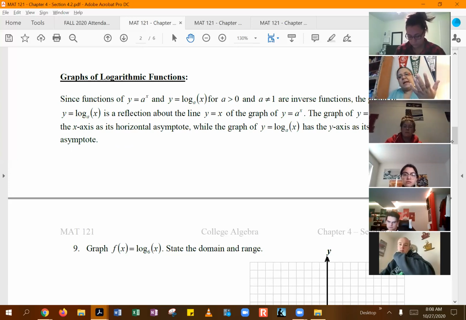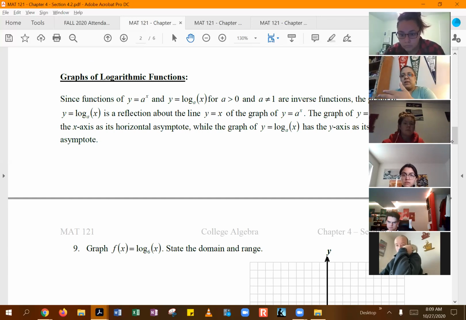Then you would create that table, the x and y table, and we would just reverse our ordered pairs for the x and y values, and then use that reverse table to create our logarithmic function.